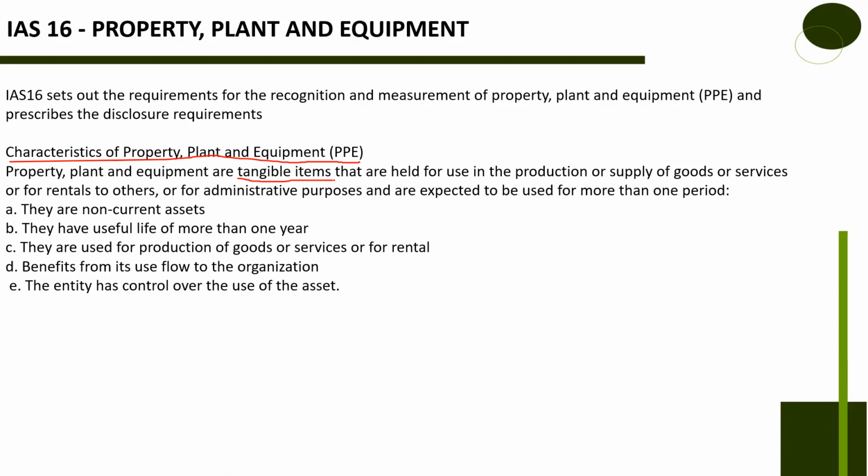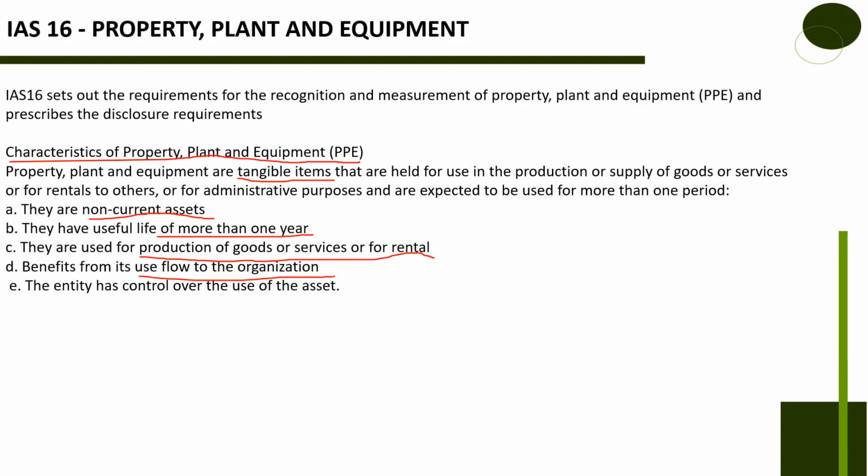So you can see the characteristics are now, let's just look at them one by one. They are non-current assets. They have useful life of more than 1 year. They are used in the production of goods and services or for rental. The benefits from its use flow to the organization.